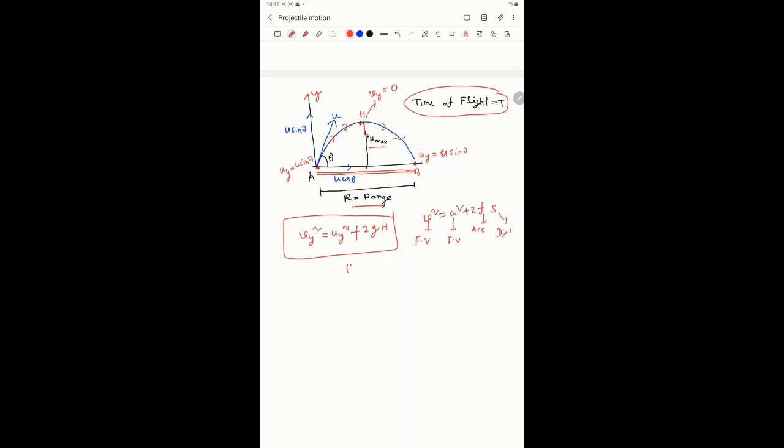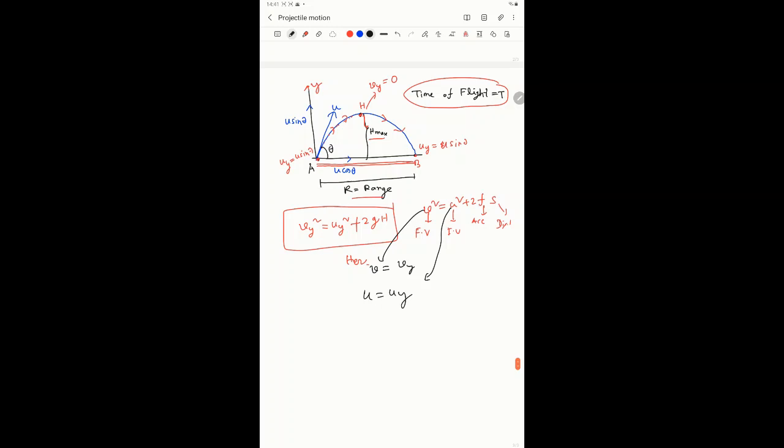Here v equals vy, u equals uy, and f is the acceleration due to gravity. But here the particle is going upward from point A to point H, so f will be negative, minus g, and s will be the height it is traversing, from 0 to h max.